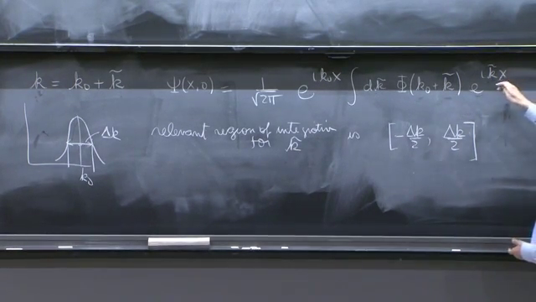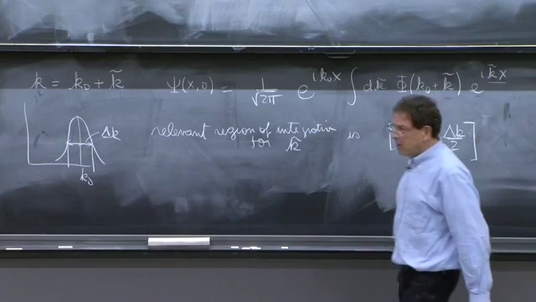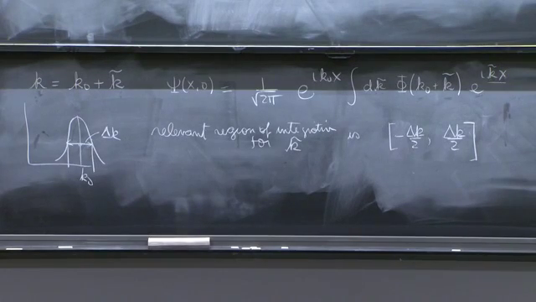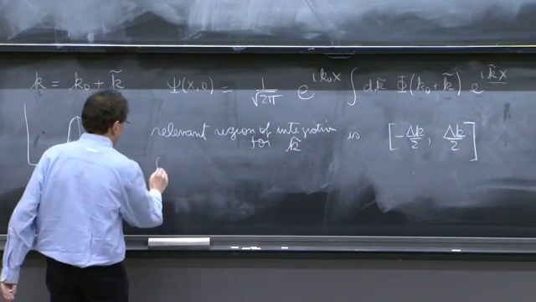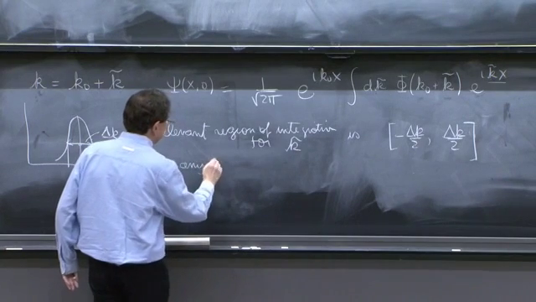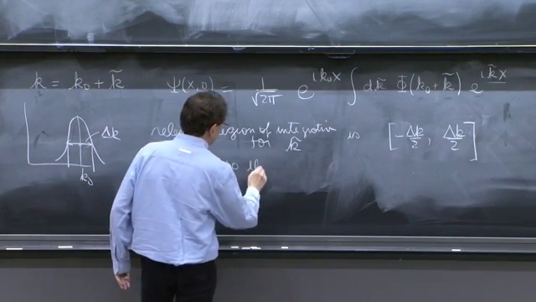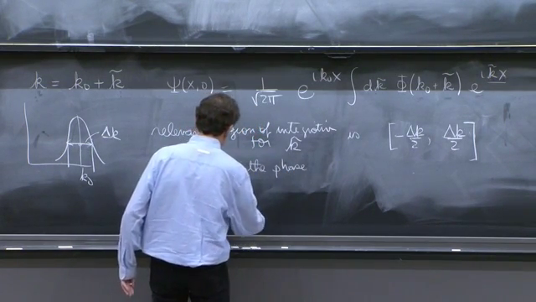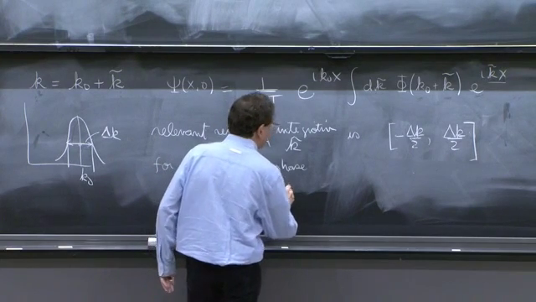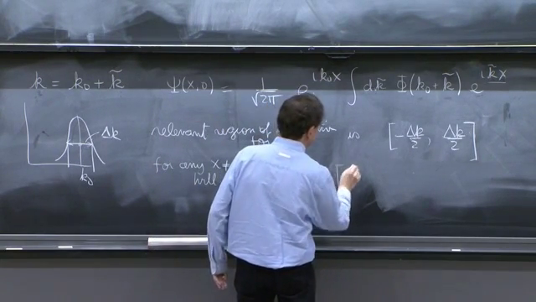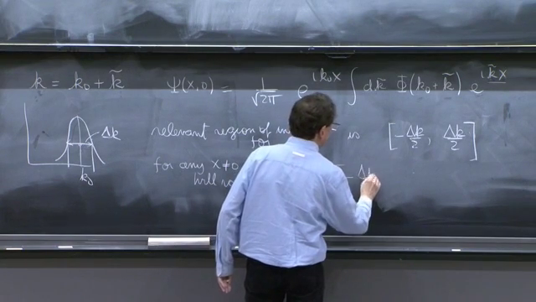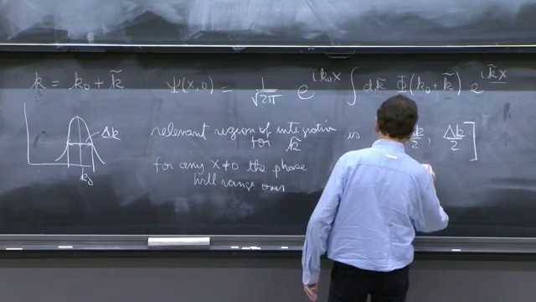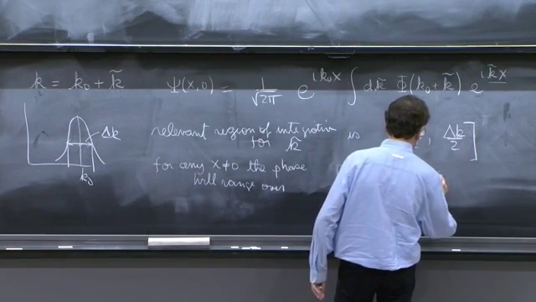But now think of the phase in general. So for any x that you choose, the phase will range over some value. So for any x different from 0, the phase in the integral will range over minus delta k over 2 times x to delta k over 2 times x.